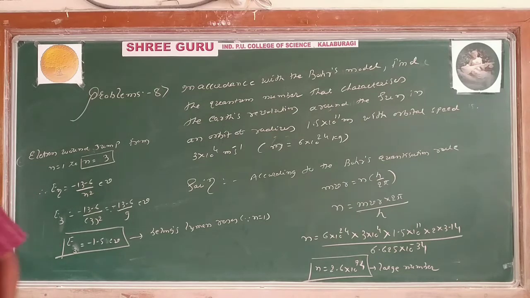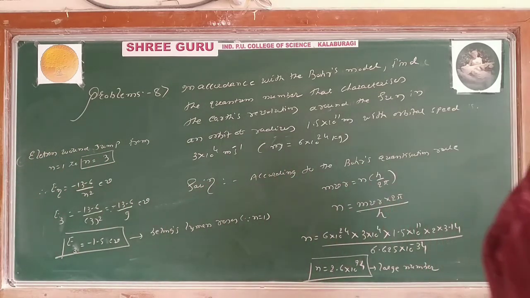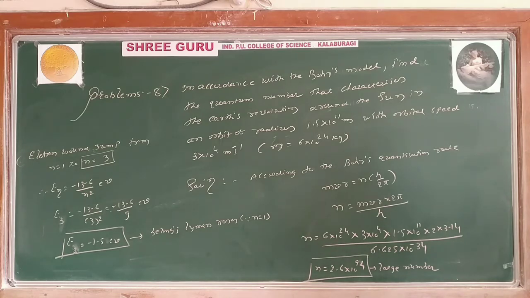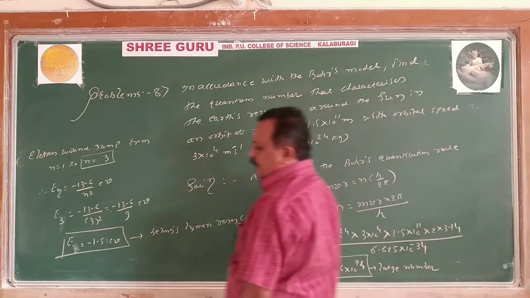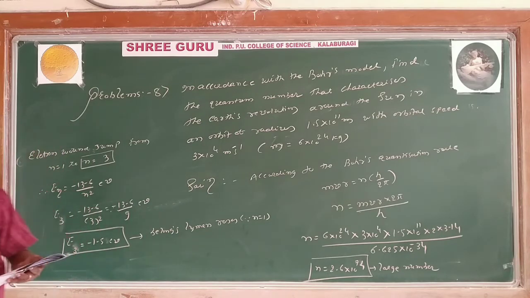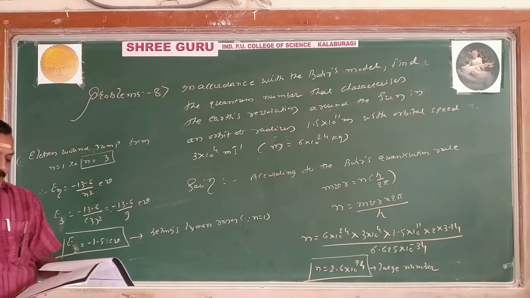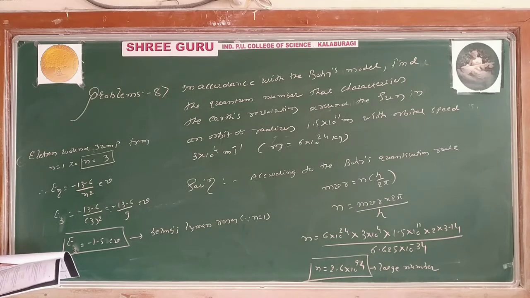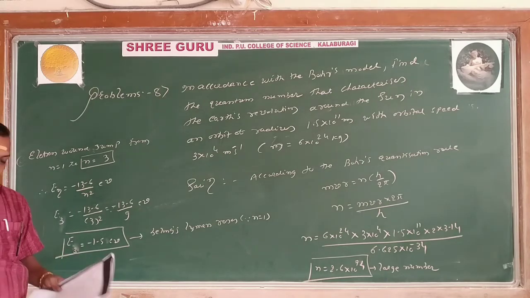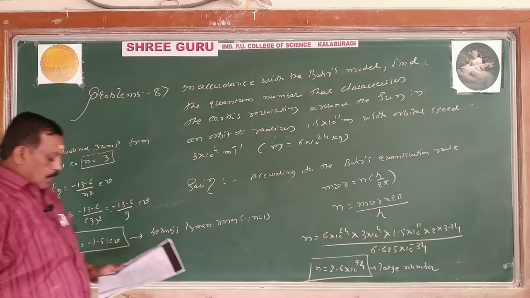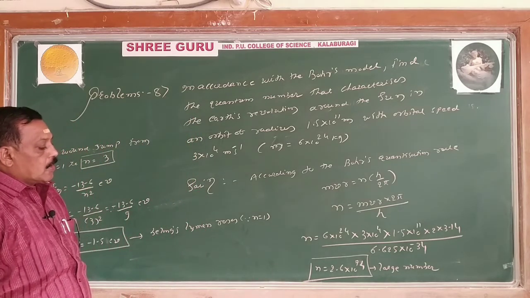Take one full look at it. Is it clear? Yes. Then after this, did you understand? 2.6 into 10 to the power of 74 is a large number. 2.6 is nearly equal to 3.